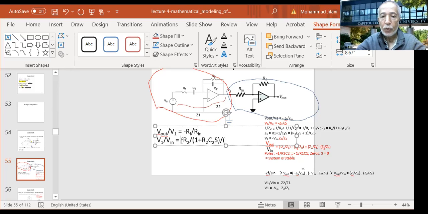There has to be one more bracket here. Let's make it curly bracket, square bracket. Now Z1, I have to add these together, which is R1, because they are in series, plus the transformation of C1, which is 1 divided by C1S. That's how we do the transformation.